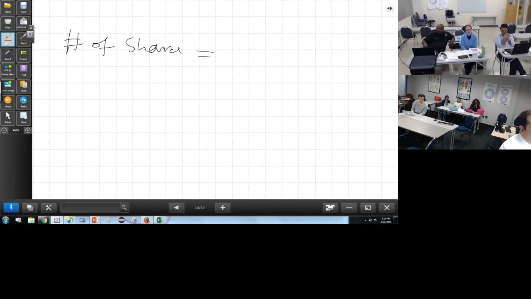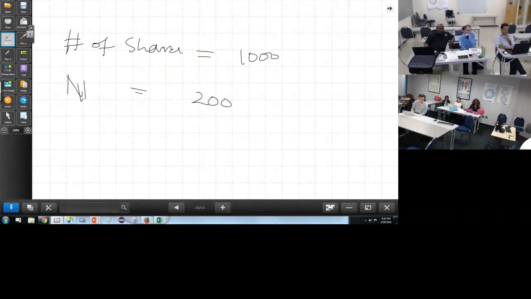So whatever the number of shares is, say 1,000. Okay? And the net income of the company, which is obtained from the income statement, if that is, for example, 2,000, it earned $2,000. What is the earnings per share?